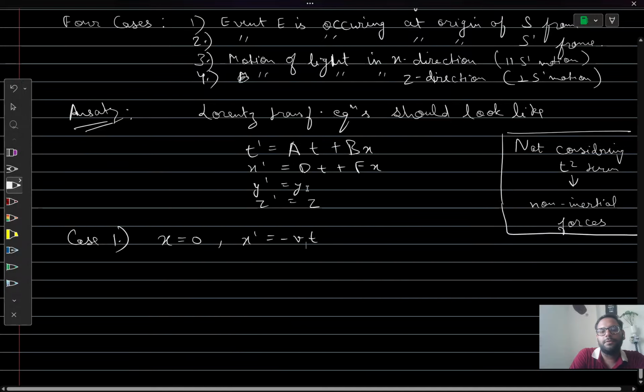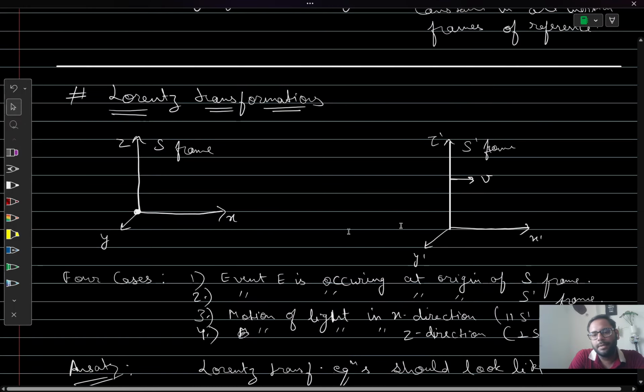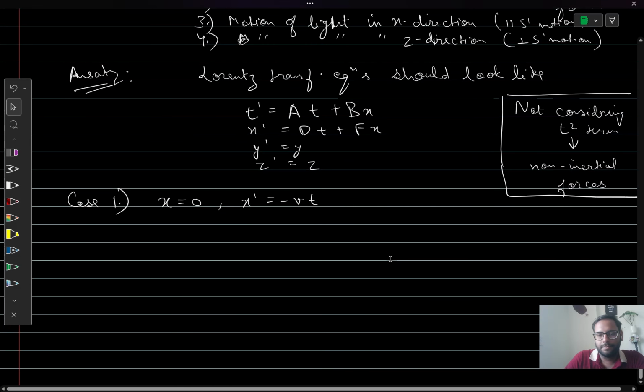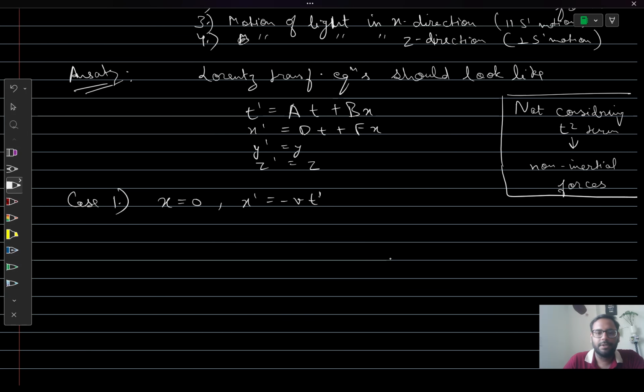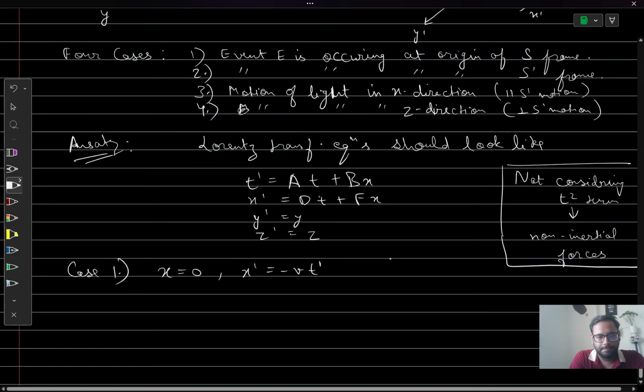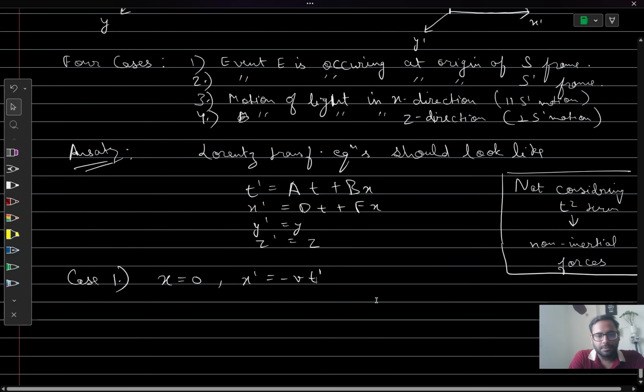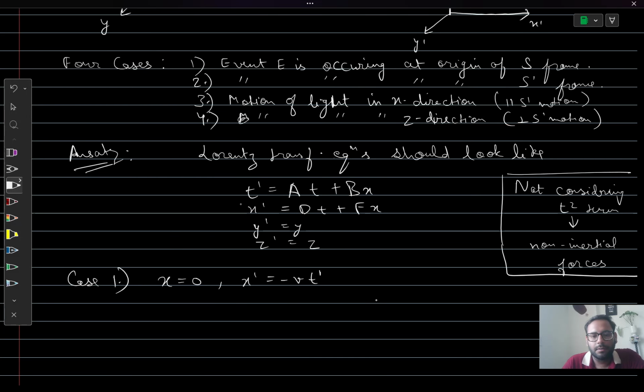Of course, when you see from the S prime frame, the event is happening at a distance of minus vt prime, because we are in the S prime frame. So what will happen to our equation?